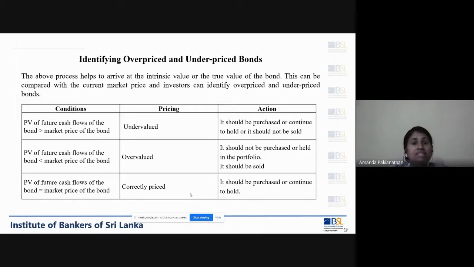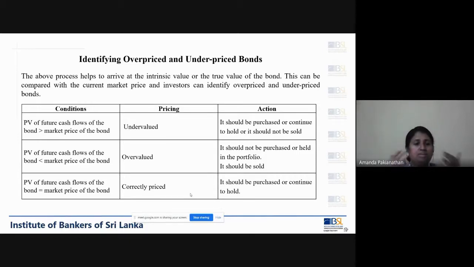Why? Because this bond is overvalued. If you keep it any longer, the price is going to decline and you will end up selling at a lower price. Now you can sell it at 1000. The market price is still 1000, but the real price is only 958. So if you let it remain for a longer time, it will decline to its real price. So overvalued bonds are recommended to sell.